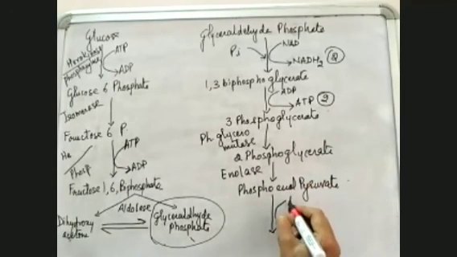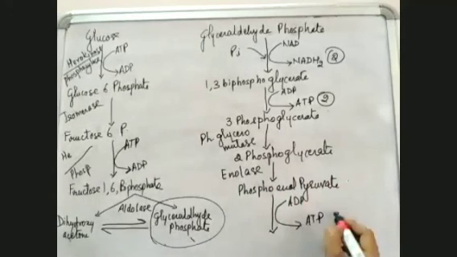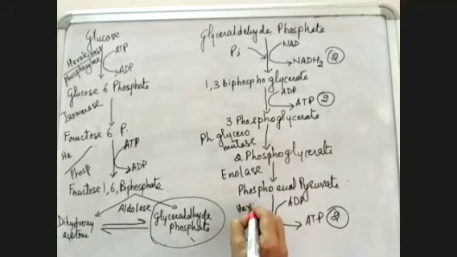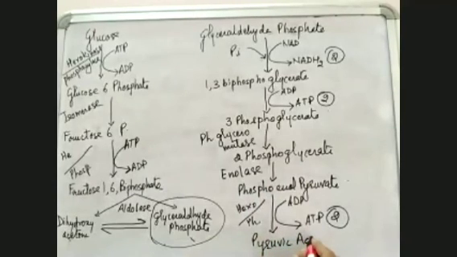From ADP, ATP is synthesized. Again, 2 molecules of ATP are synthesized, and the enzyme will be the same, hexokinase or phosphorylase, and it results in the formation of pyruvic acid.